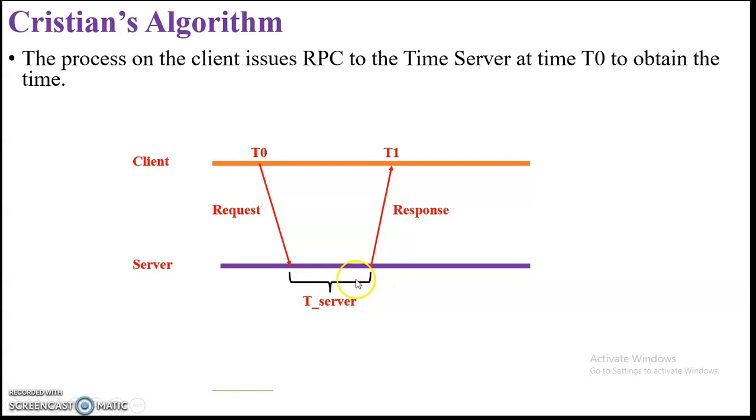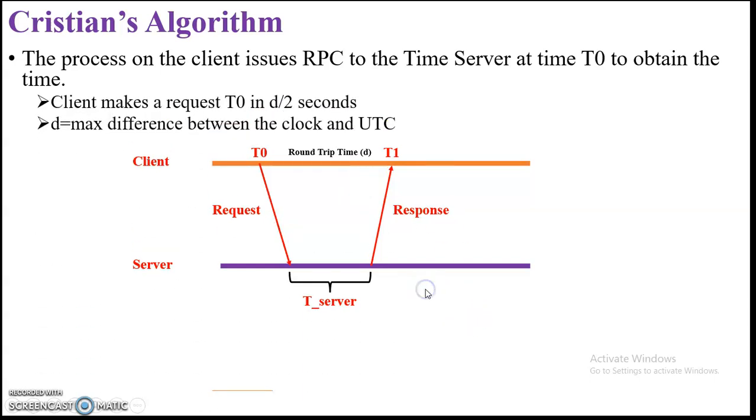The time elapsed between T0 and T1 at the server end is called T server, and the time difference between T1 and T0 is called round trip time, or D, or also elapsed time. So it is an assumption that the client makes a request at T0 in D by 2 seconds. And this D is nothing but the difference between T1 and T0.